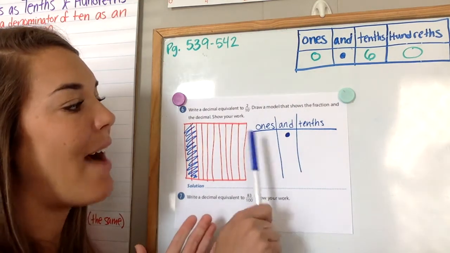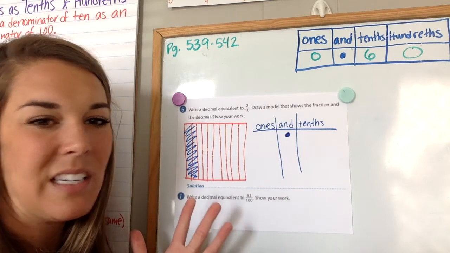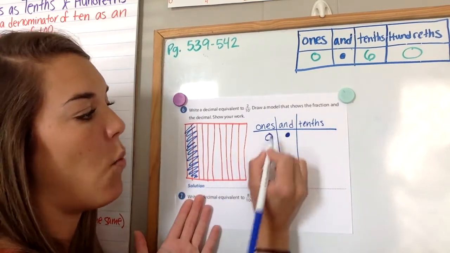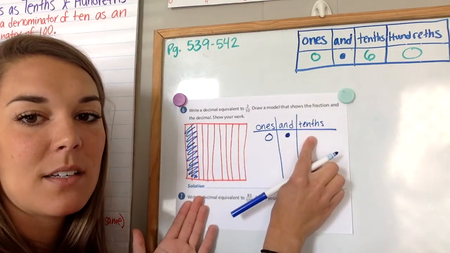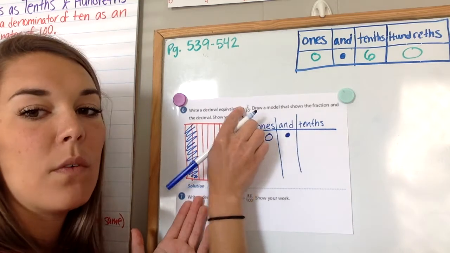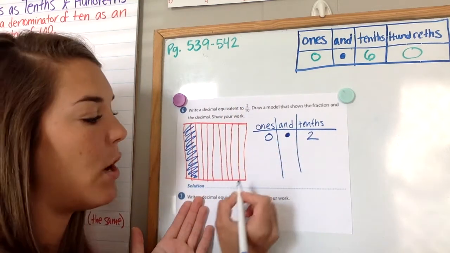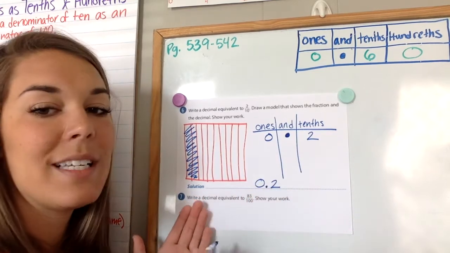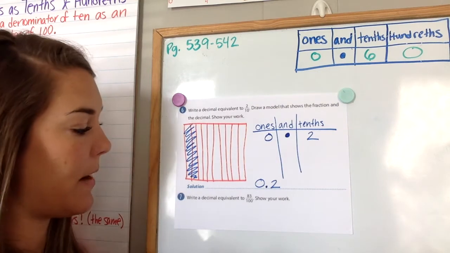Now, do we have any ones? Are there any whole numbers? No, this is only a part of a whole, right? So the 0 ones. And how many tenths are there, guys? 2, right? So your solution is going to be 0 and 2 tenths. That's how you say it.